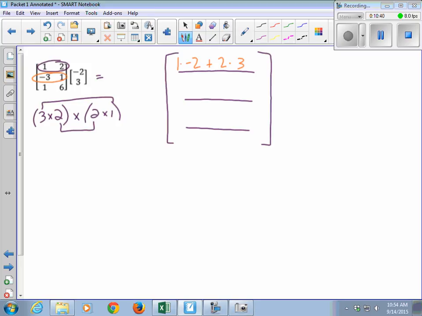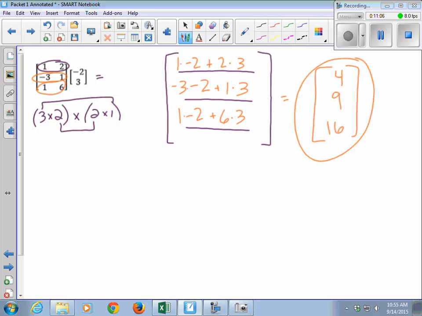So turn that 90 degrees, and we have -3 times -2 plus 1 times 3. And then do it with the third row. 1 times -2 plus 6 times 3. And this should come out to 4, 9, 16. Same thing we got with the other method. The two methods are equivalent, and you can use whichever one makes sense to you.